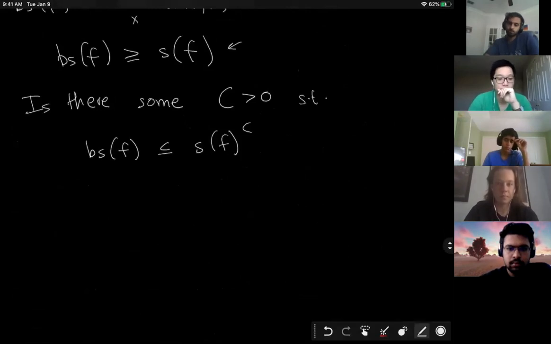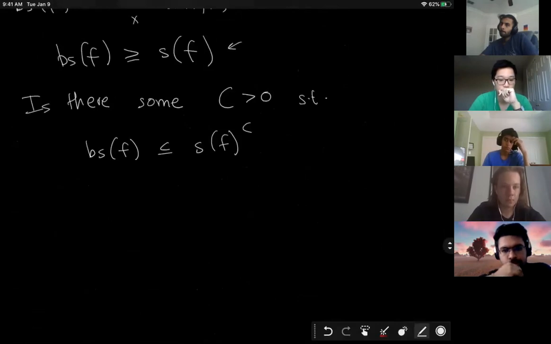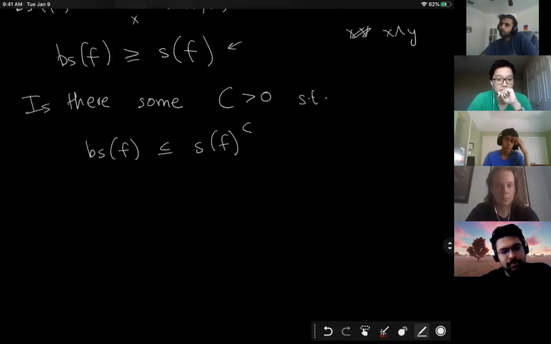But the degree of a Boolean function, I think what they mean is that you can write out each Boolean function as some polynomial. If you just have AND of two variables, x and y, is that AND? Yes.